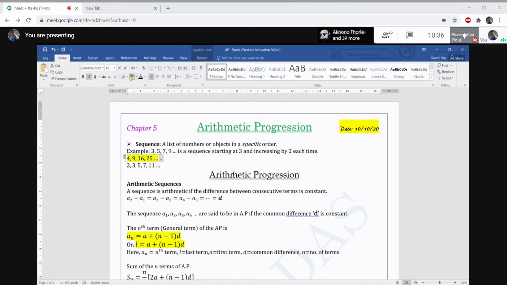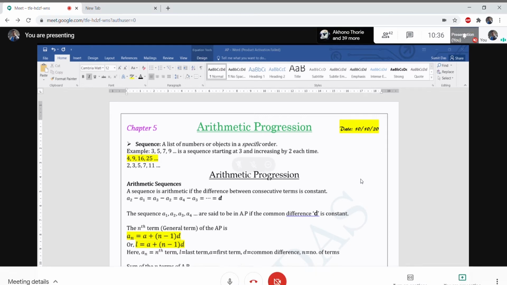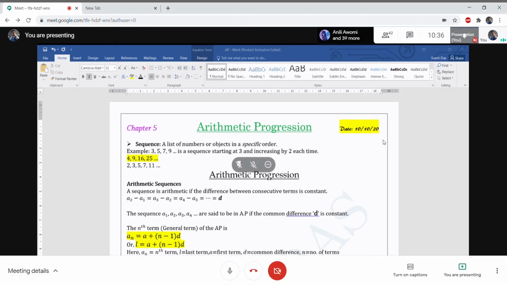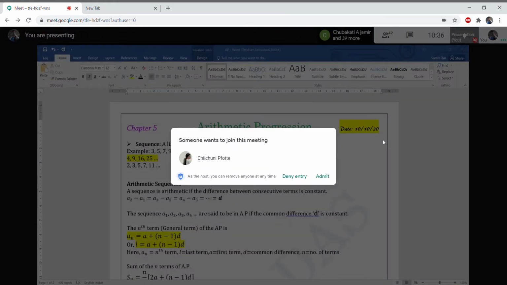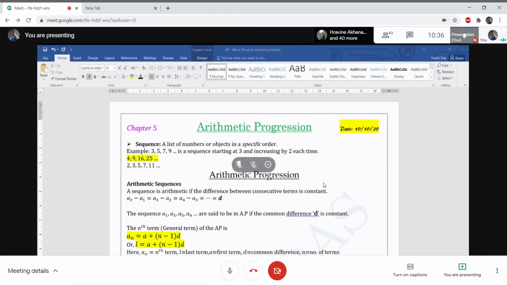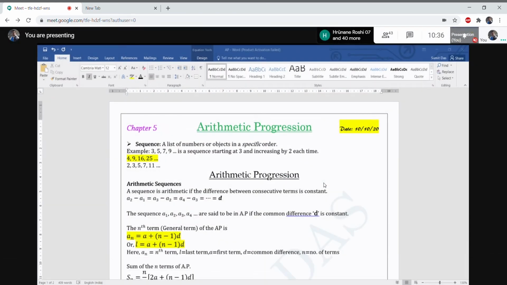Can anyone tell me, is this a sequence? 4, 9, 16, 25.